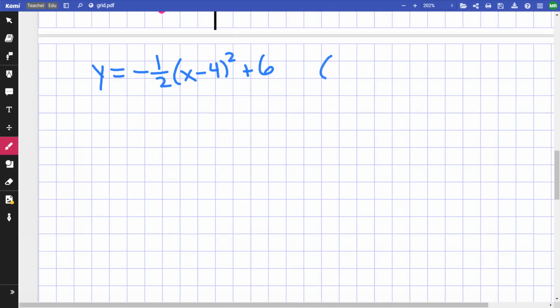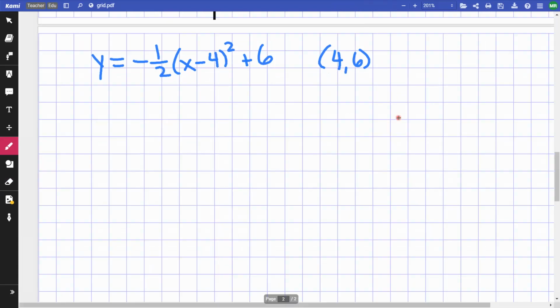So the vertex for this is going to be 4, 6, because the 4 is going to make this 0, plus 6 because that's going to go up 6. My stretch, so this is my vertex. My stretch is going to be a negative 1/2.